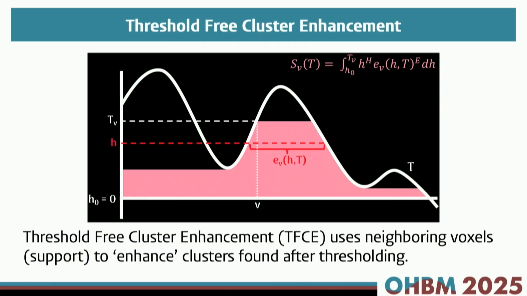So the idea, and the thing that I talked about in the first talk, was that the setting of the threshold is sort of arbitrary in a way. And threshold free cluster enhancement helps us with setting the threshold. The idea is that it enhances the cluster so that we don't have to define a cluster forming threshold beforehand.